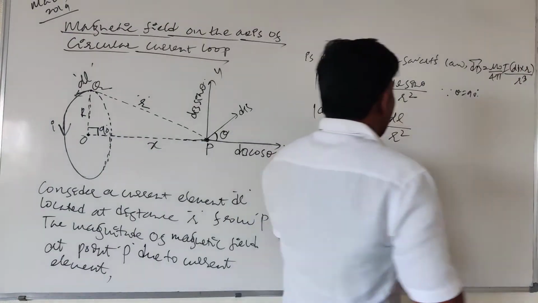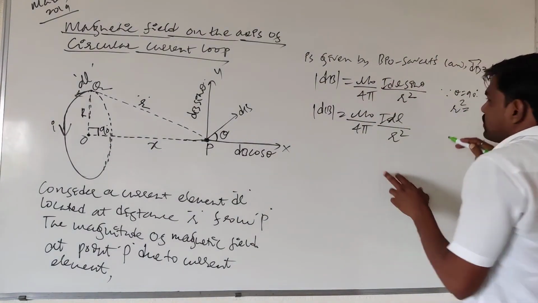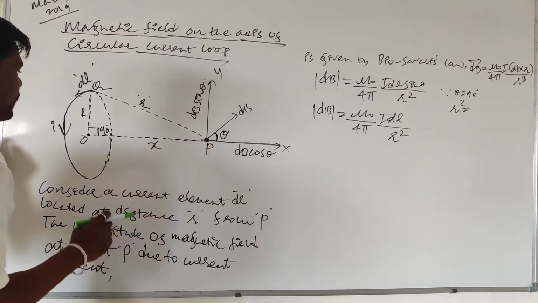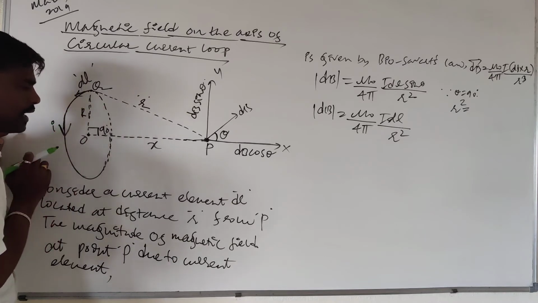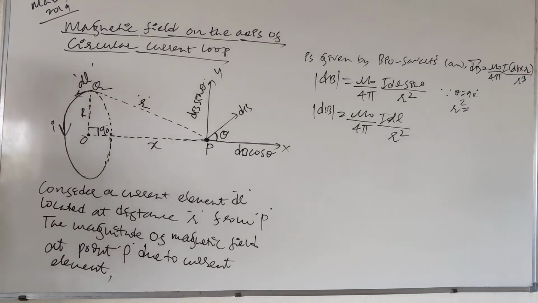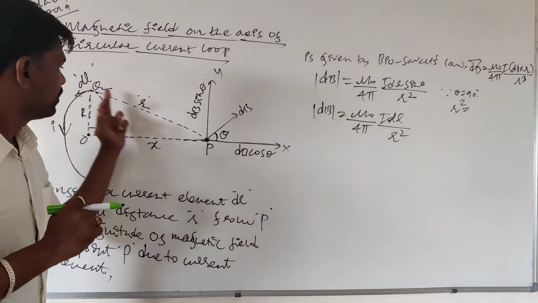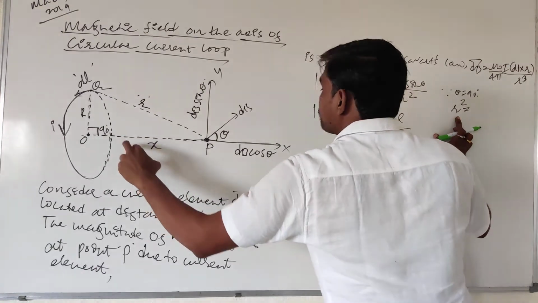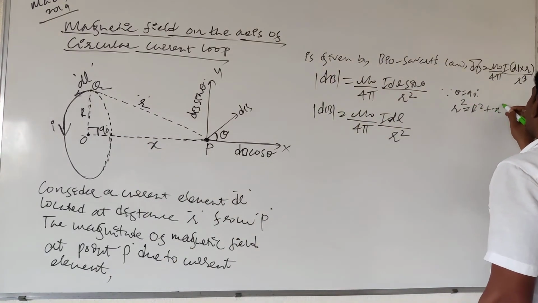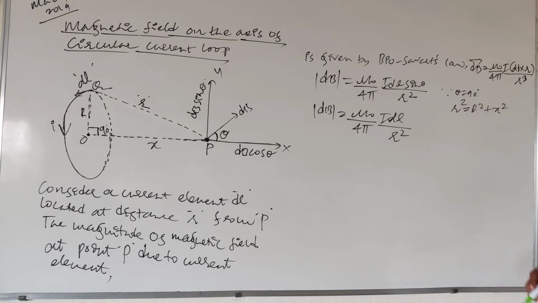Then r square, from the POQ triangle, from our Pythagoras theorem, what does it become? The hypotenuse squared is r square plus x square.